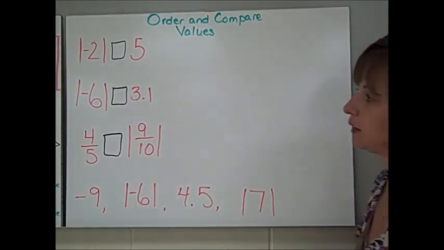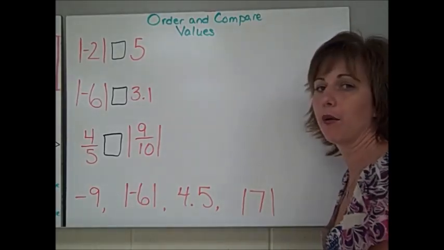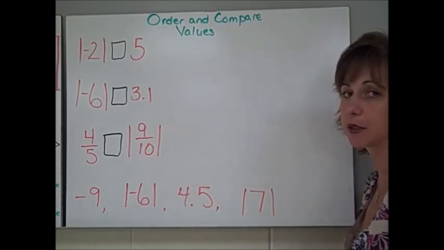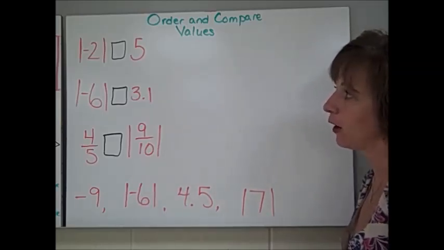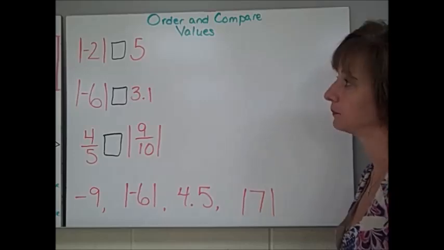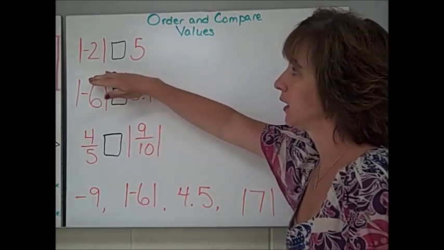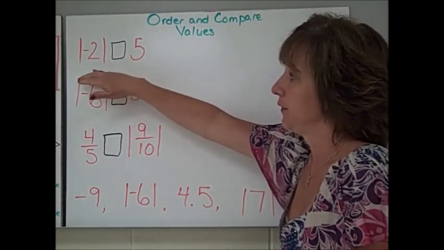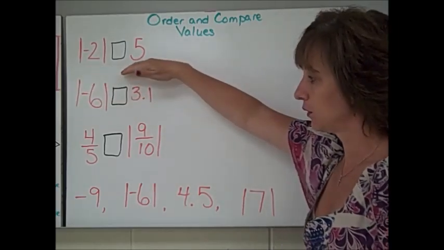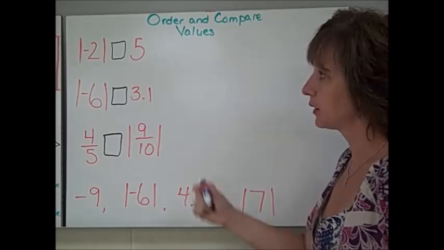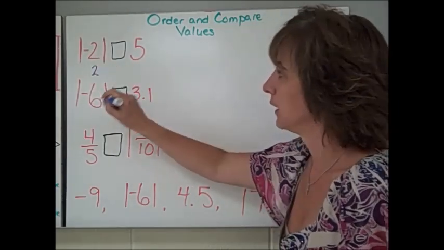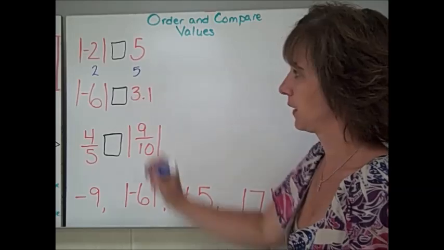So, let's take what we know about comparing integers and now what we've learned about absolute value and figure out which one of these has a greater value. Our first one says, which is larger, the absolute value of -2 or 5? The absolute value of -2 is 2, and 5 is 5.